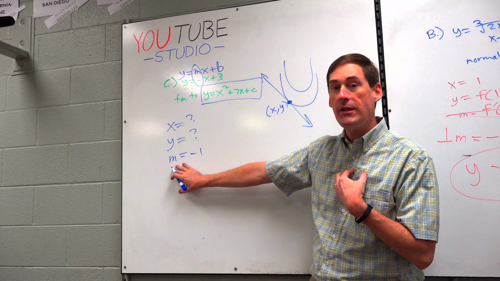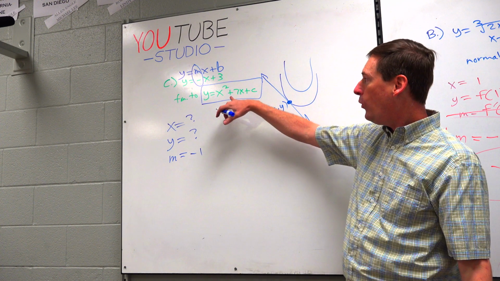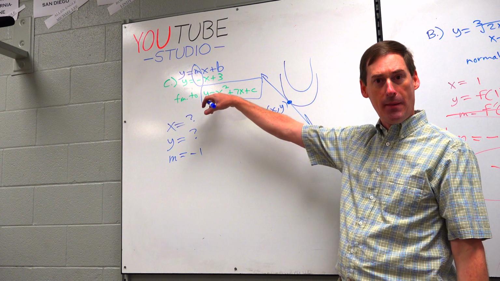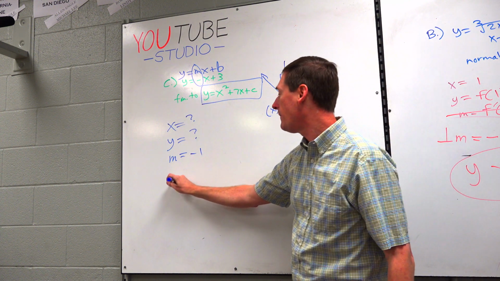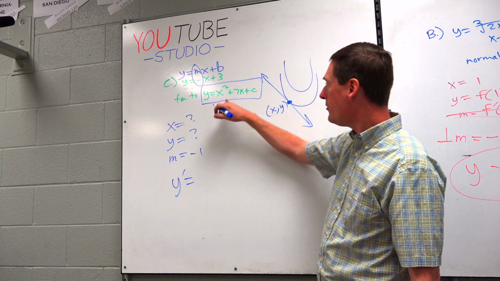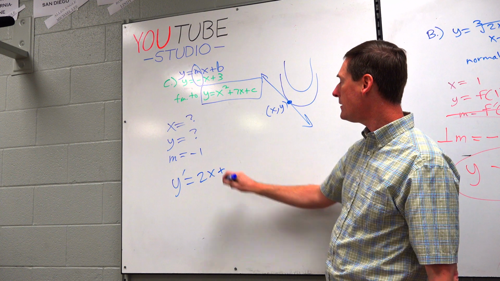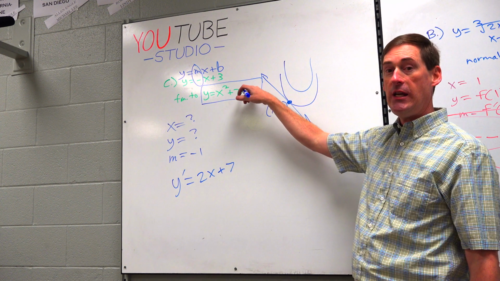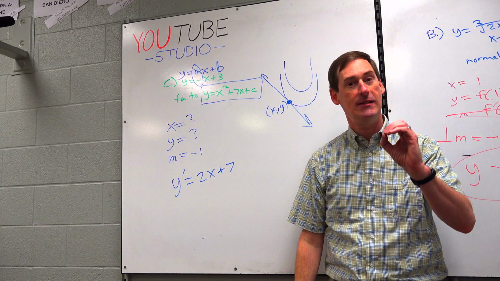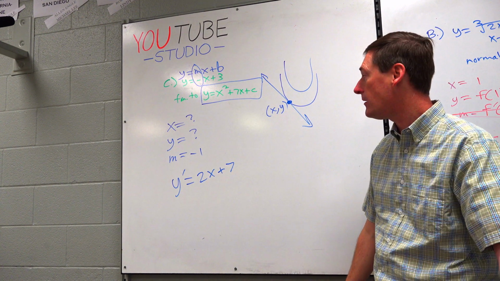But when I worked it out, how did I get negative 1 for the tangent slope? Wouldn't I have just done the derivative of the parabola, right? Okay, let's take the derivative of the curve. y prime of the parabola would be 2x plus 7, and the derivative of plus c, or any constant, is 0. Okay, don't treat c like a variable, it's a number, it's constant.